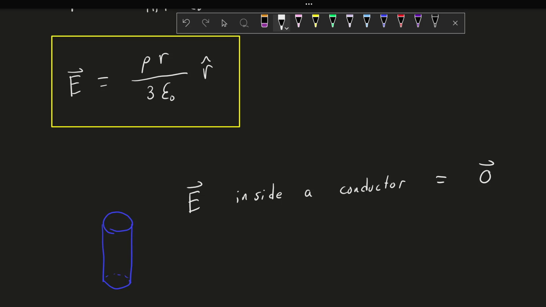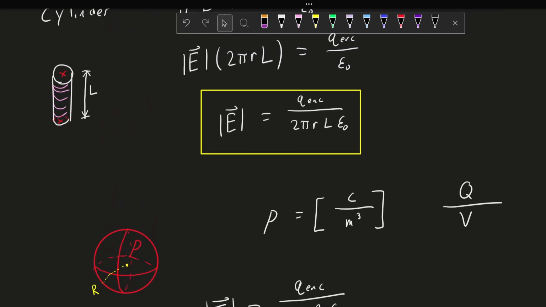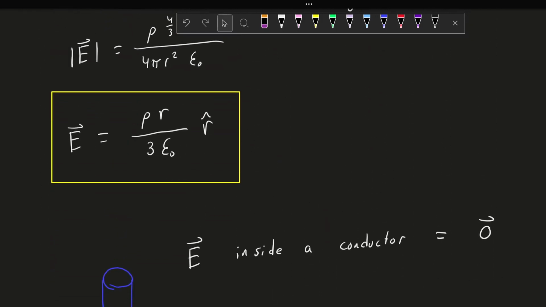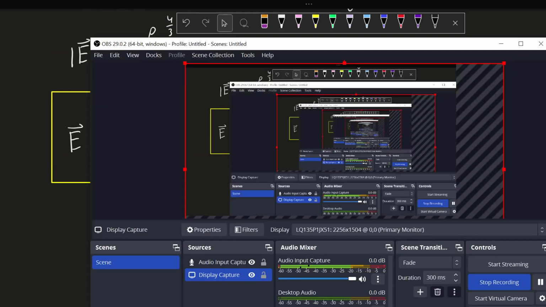And that will always be true. So if you're ever finding the electric field inside a material that's a conductor, it's always going to be 0. And yeah, that's pretty much it. I'll do some more complicated examples in some other videos.